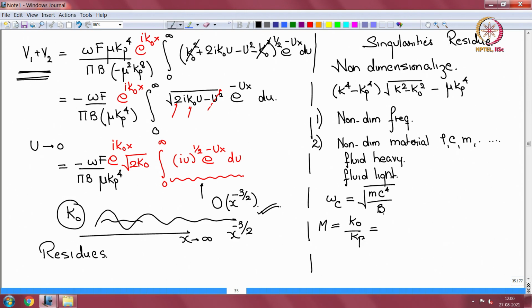This is omega by c0 over omega by cp, so that becomes equal to cp by c, where c is the speed of sound in the medium.